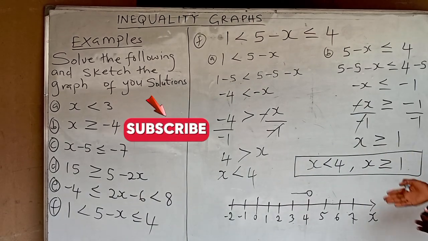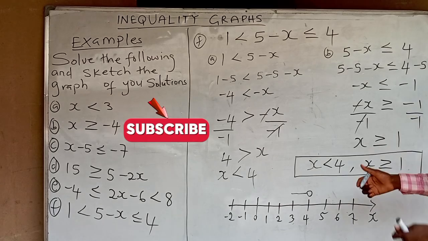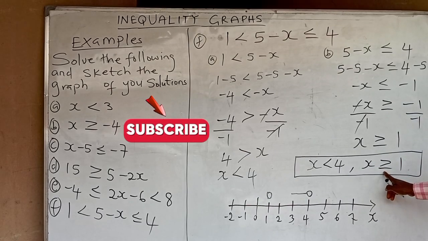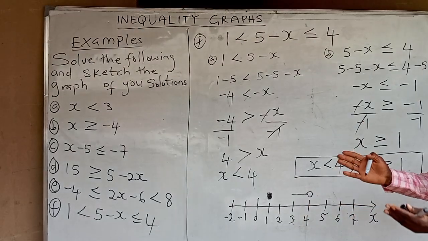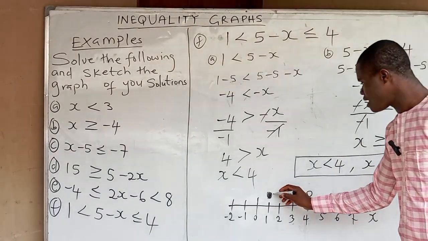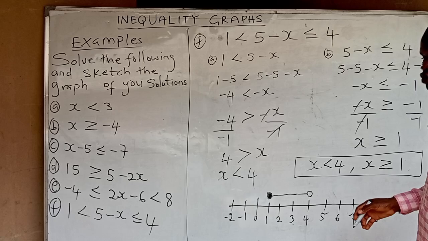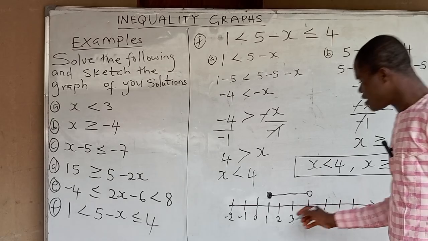For x is greater than or equal to 1 means numbers that are bigger than 1. So we start from 1. So since it is greater than or equal to, we shade the 1. So numbers bigger than 1 are numbers this way. So by so doing, the two inequalities have joined. So that means I can conclude by writing this as an interval.